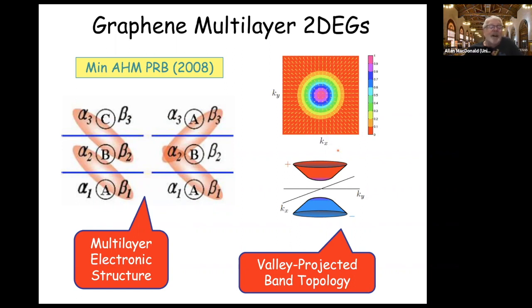We use the word valley to identify which Brillouin zone corner a particular momentum is close to. So these are the bands projected to one of the two valleys. Valley-projected bands tend to be topologically non-trivial, even without moiré superlattices.